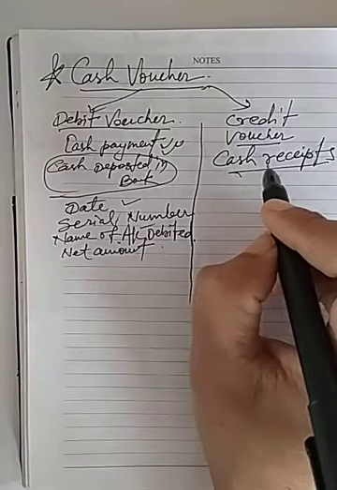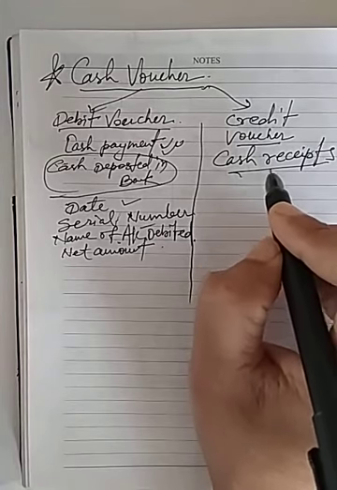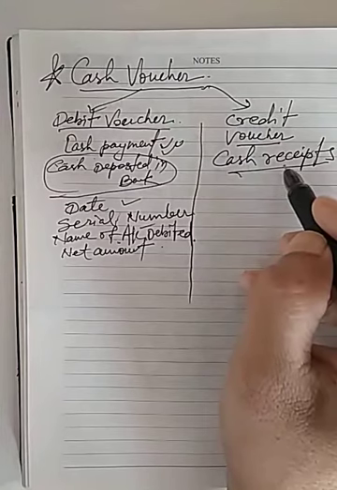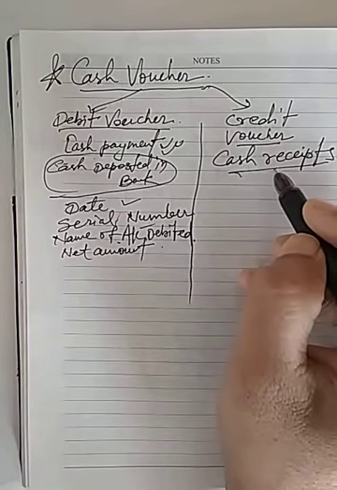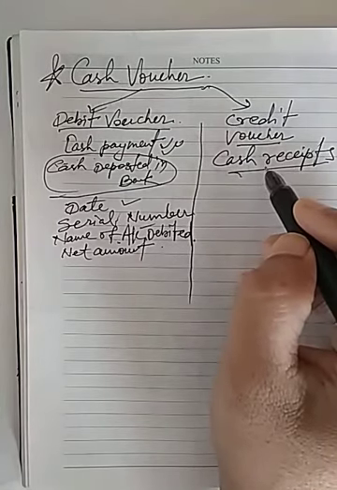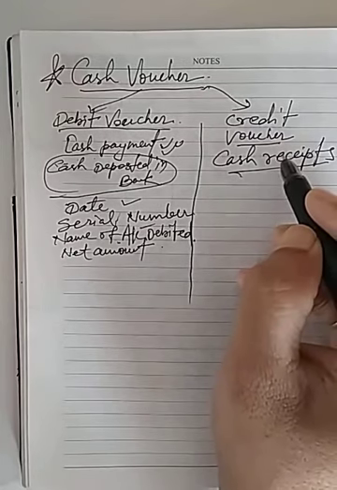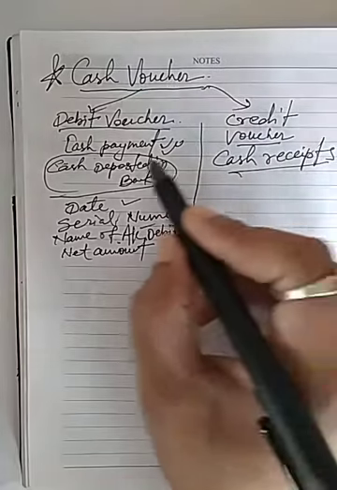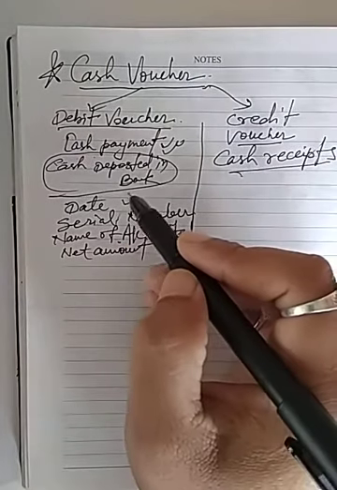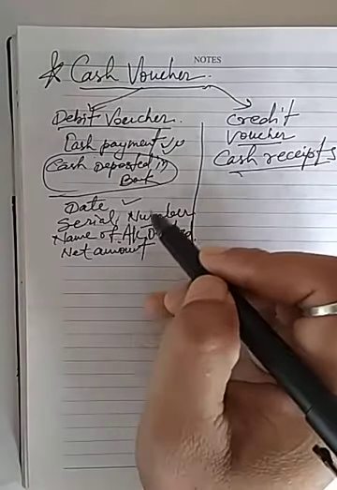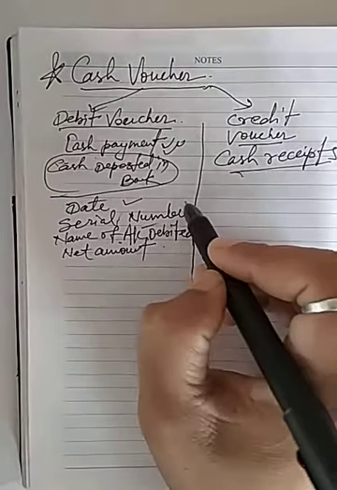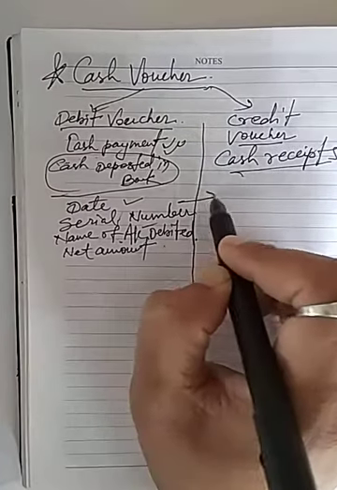For example, cash sale of goods, cash sale of investment, cash received as commission, cash received as interest, etc. Usually the information in a credit voucher is the same as in a debit voucher.